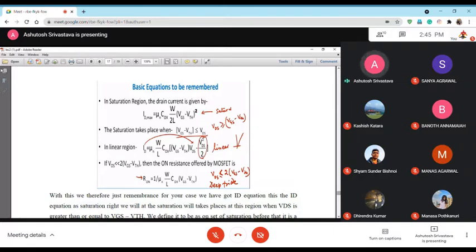This occurs when your drain source voltage is less than or equal to the overdrive voltage.